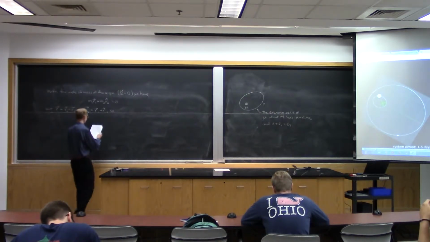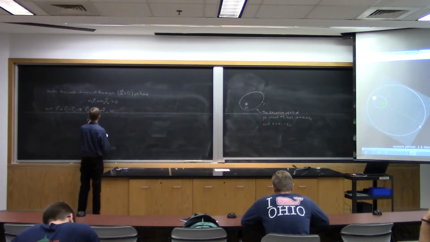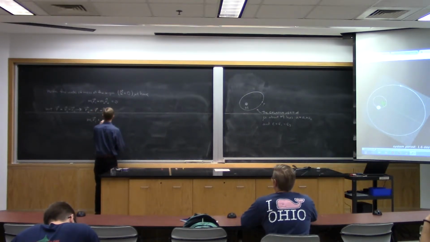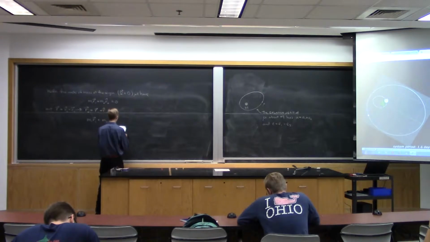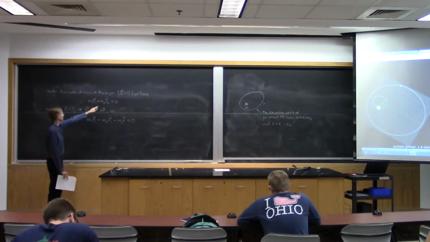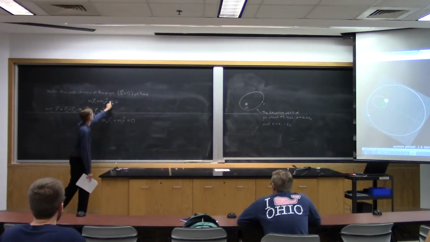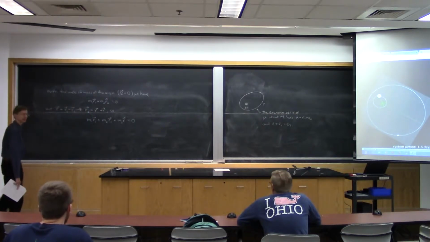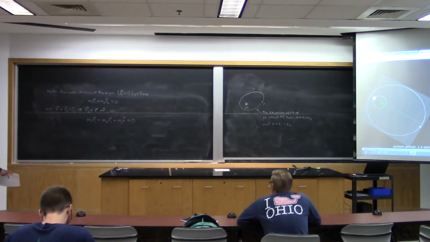So that says that M1R1 plus M2R1 plus M2R is equal to 0. Just plugging in R2 is R1 plus R in the expression of the center of mass is the origin.